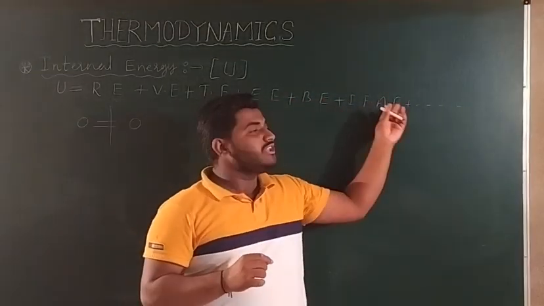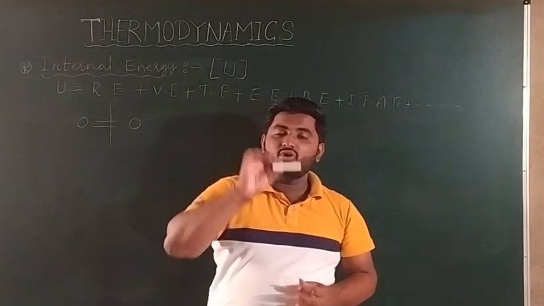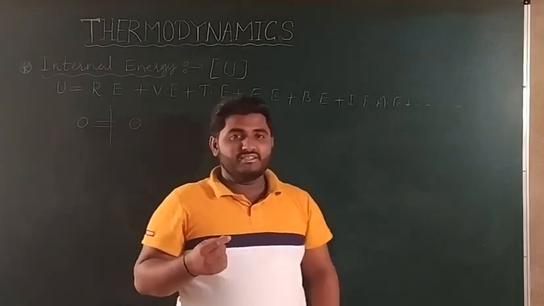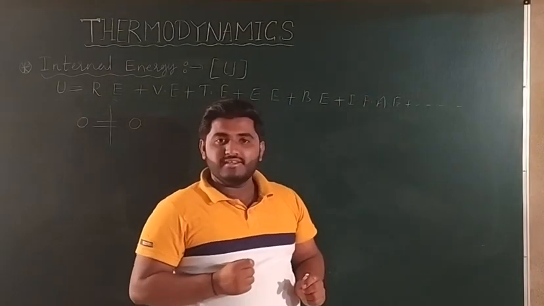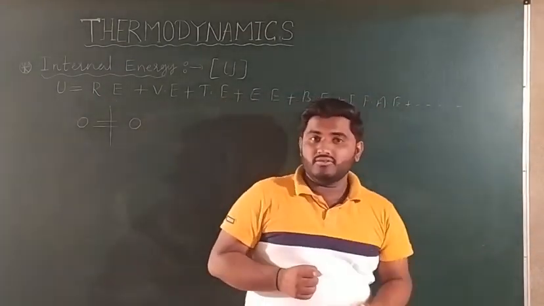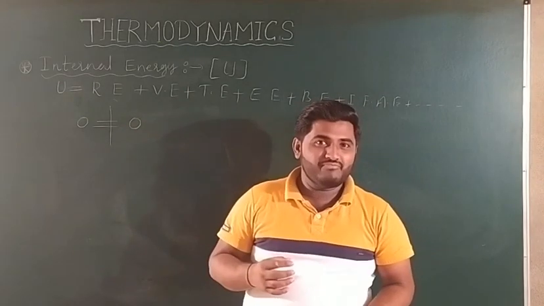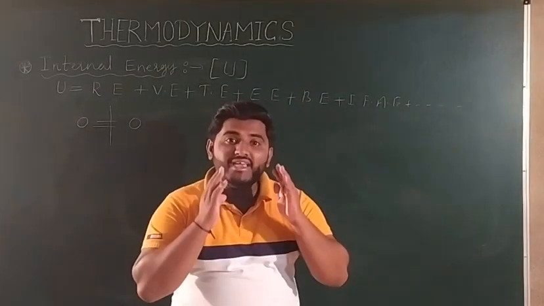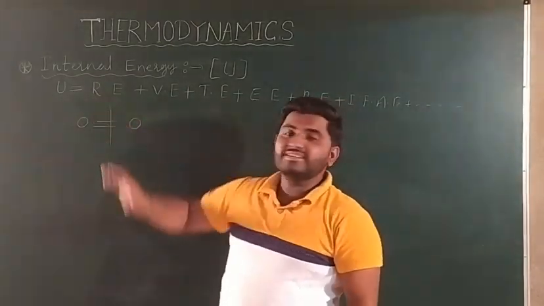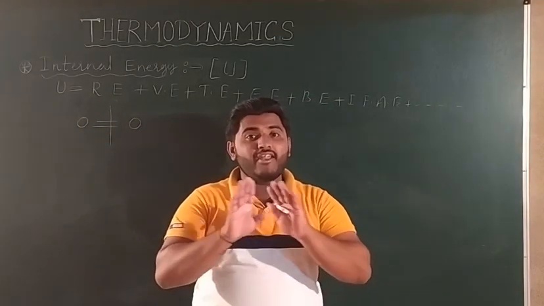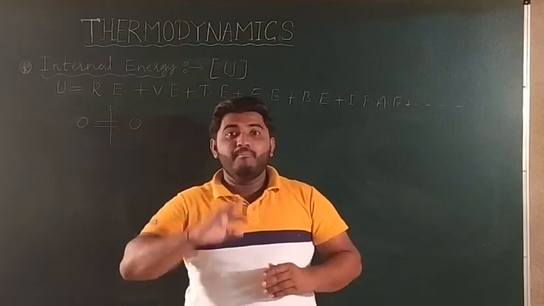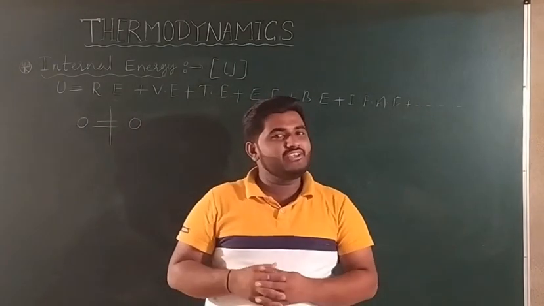Next, intermolecular force of attraction. In this molecule, there are several atoms, and those atoms have intermolecular attraction, that energy. Like that, so on. That means it never ends. That means we cannot calculate internal energy directly. Internal energy cannot be determined, but change in internal energy can be determined.